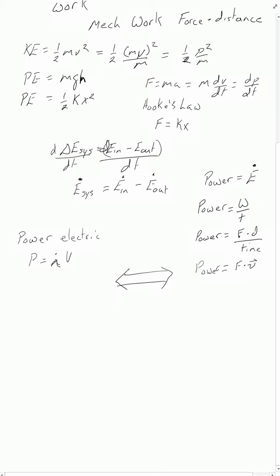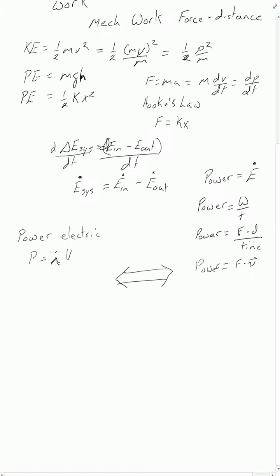We'll see that there's a similarity here. We have voltage as a potential and force as a potential. We have current, which is charge with respect to time, and we have velocity as position with respect to time.